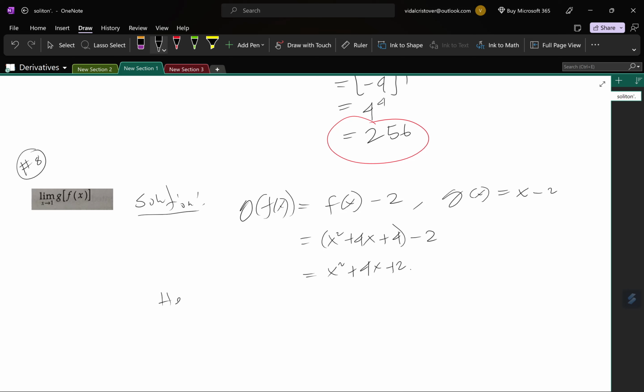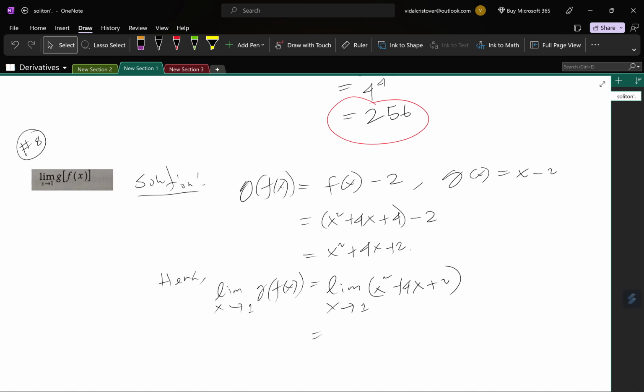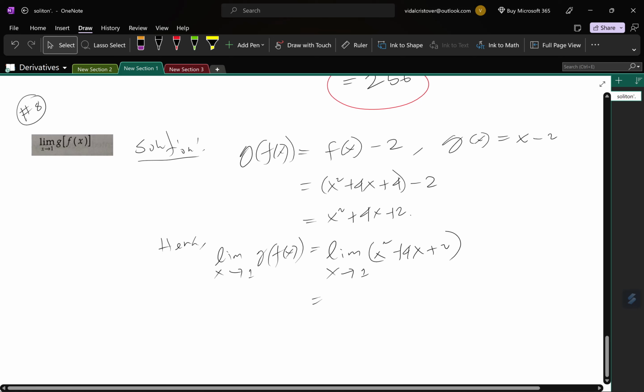Okay? Hence, the limit of g of f of x as x approaches 1 is just the same as the limit as x approaches 1 of x squared plus 4x plus 2. And since this is a polynomial, we just substitute the number 1 for all the variables x.